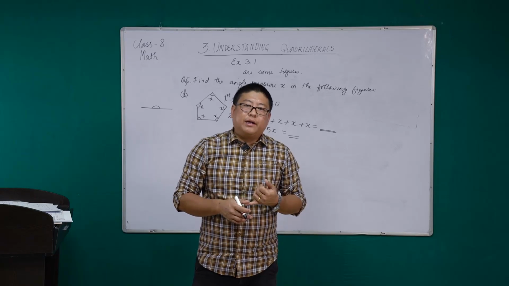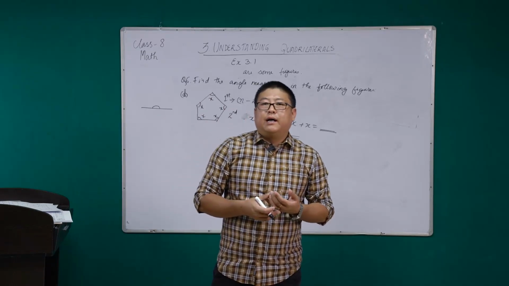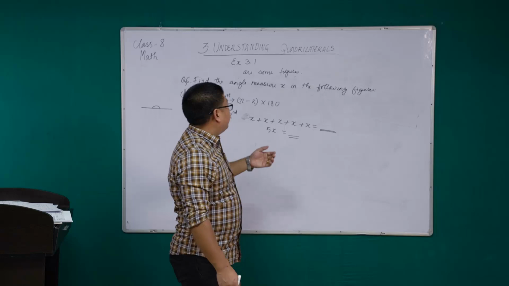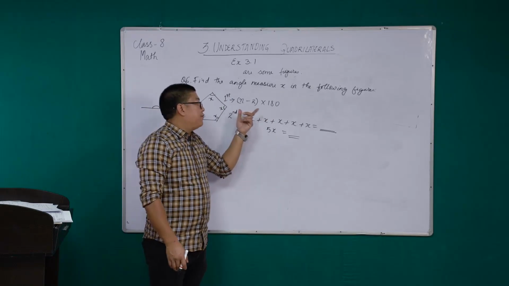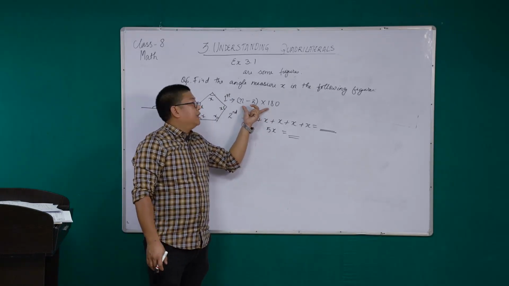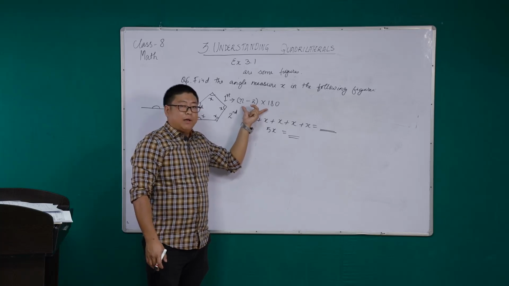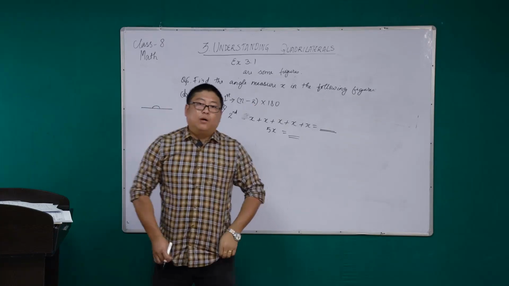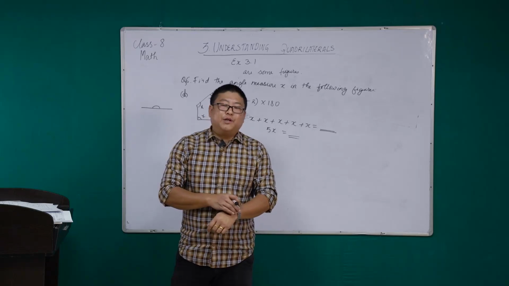For a quadrilateral, it is 360 degrees. And finally, for different types of polygons with different numbers of sides, we will be using this particular formula. So with this, I'll wind up here, and I look forward to meeting you in the next class.